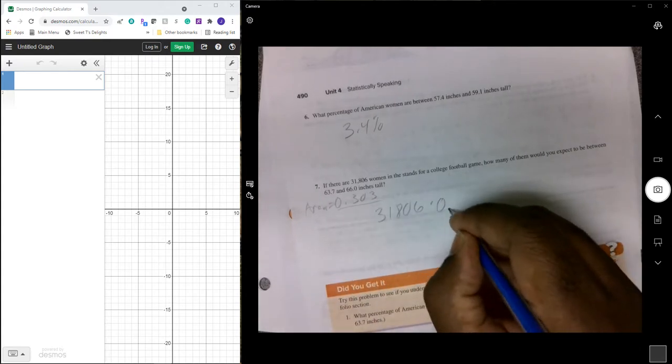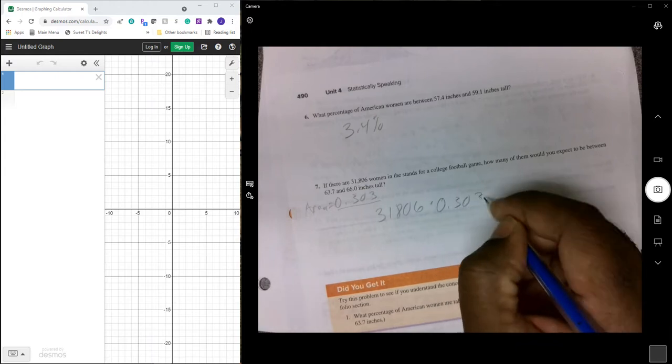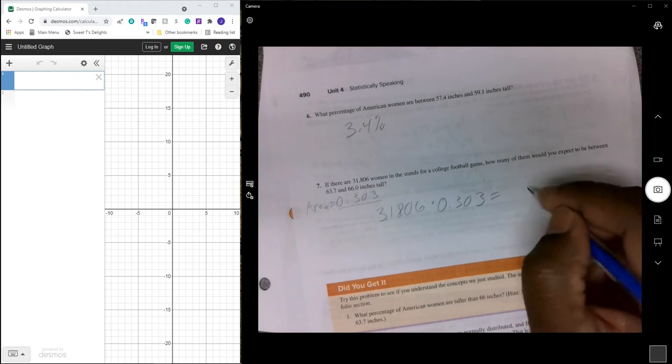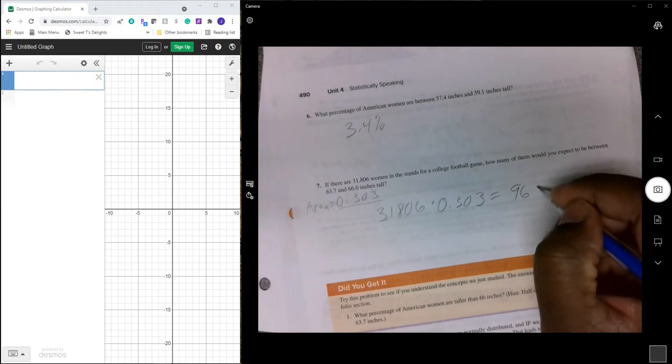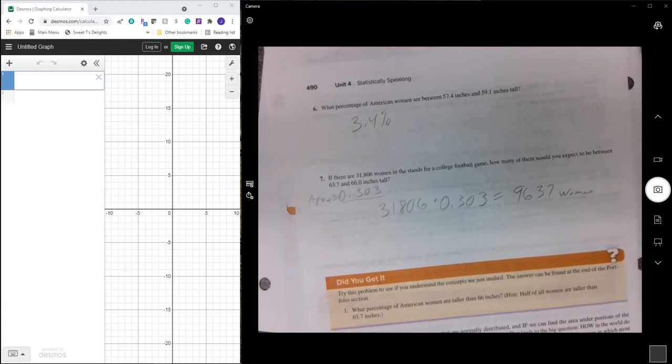Okay, so now we have the amount from 63.7 to 66. So we would take that 31,806 women and multiply it by this decimal here. And when we multiply that, it'll give us 9,637 women.